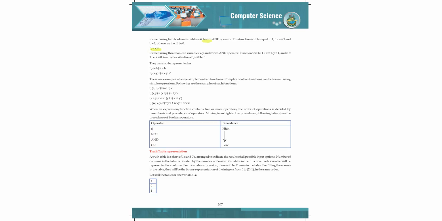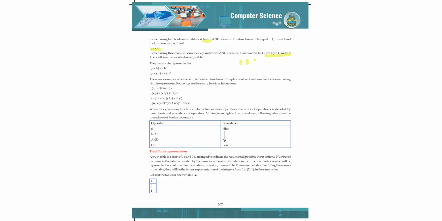X, Y, Z bar. If you see X, Y, Z bar, these are using the AND operator, and if the value of x is 1, y is 1, z bar is 1, then how does it work? For x 1, okay, then dot operator, then again 1, and here z bar is equal to 1.